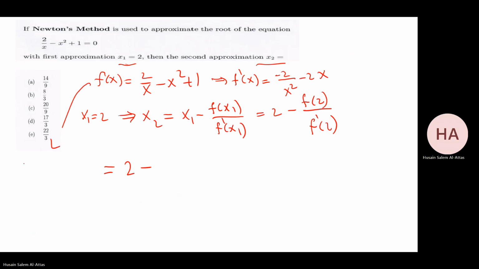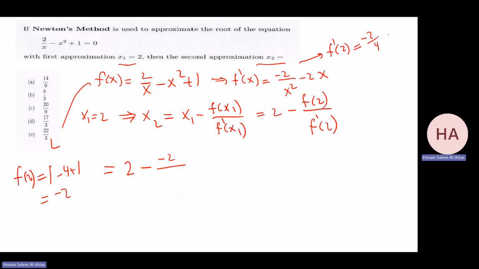Okay, do the calculation. From here, what will be f of 2? 2 over 2 is 1 minus 4 plus 1. And that will be minus 2. So this is minus 2 over. From here, what is f prime at 2? It will be minus 2 over 4 minus 4.